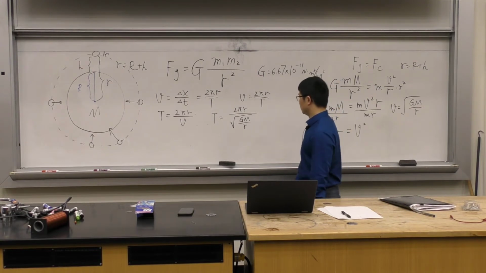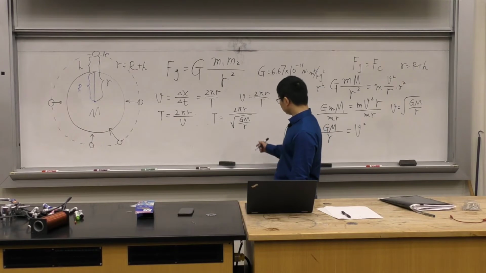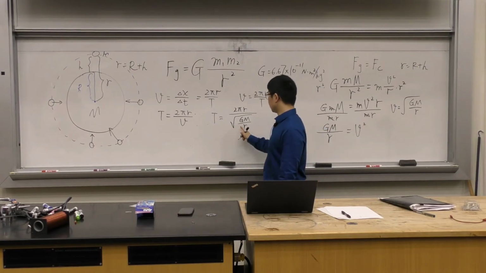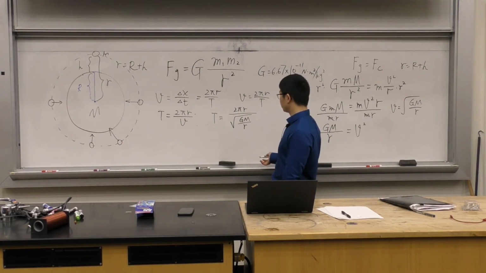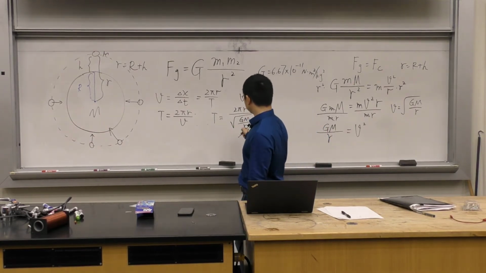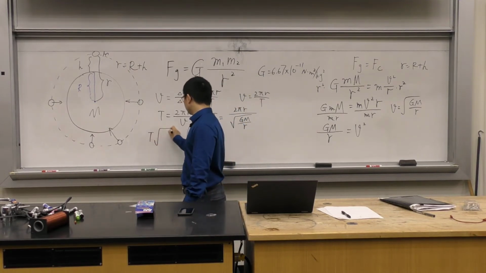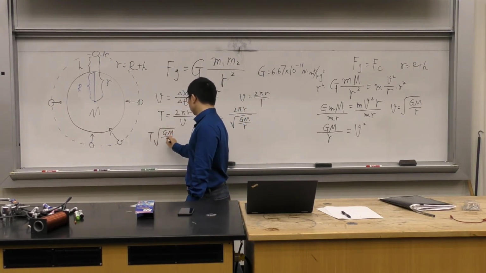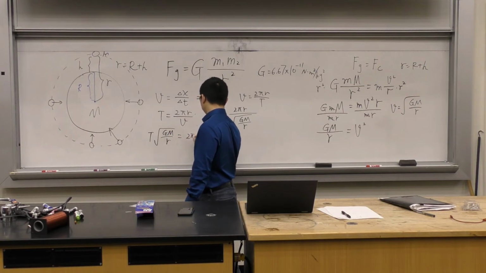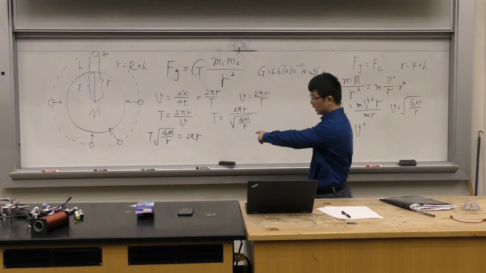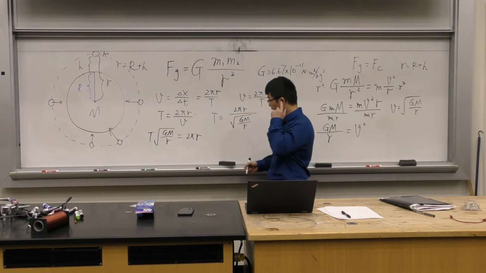Let's first multiply both sides by this, because I don't like denominators. Denominators are always confusing. So if you multiply both sides by this denominator, you would just get T times this equals 2 pi r. That's much nicer than this.